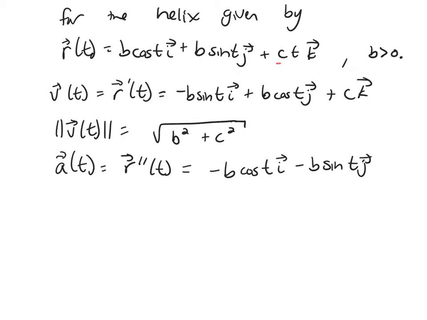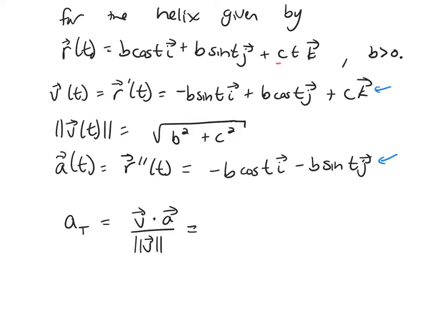So we're ready now to find our tangential component, a sub t. That's v dot a over the magnitude of v. So I'm going to compute the dot product of v with a.